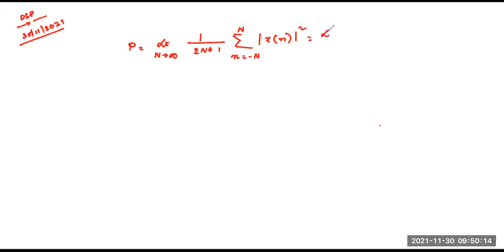That becomes the limit N tends to infinity 1 by 2N plus 1 into summation of n equals 0 to N, u of n.